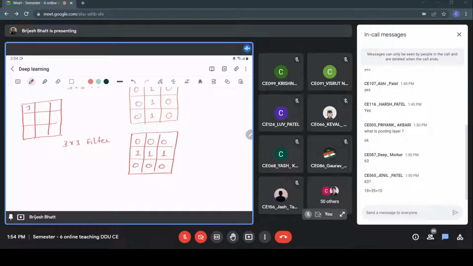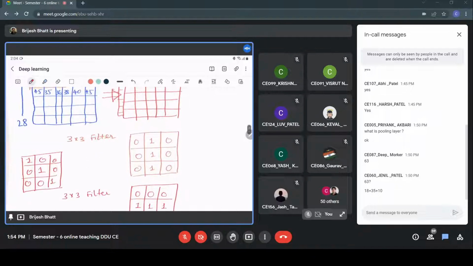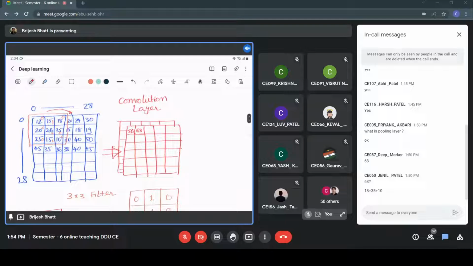So there can be many possible choices of filter, something like this, to see how many diagonal lines you get in the image, and then you put another filter. Right?